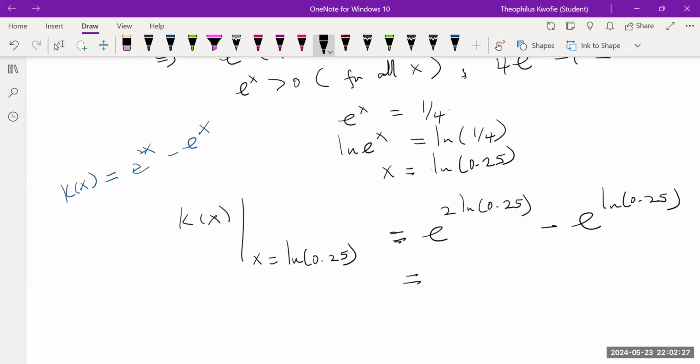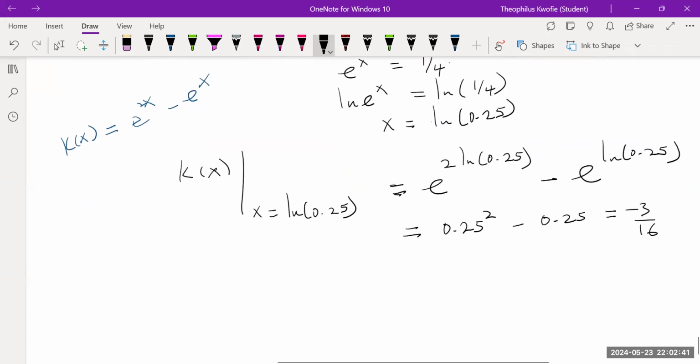On that note, you're going to have 0.25 to the power 2 minus 0.25. And that should give us minus 3 on 16. Do we see that?